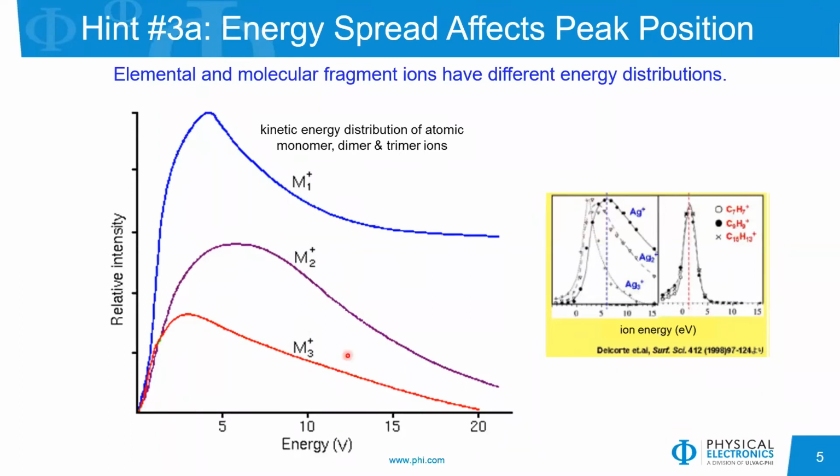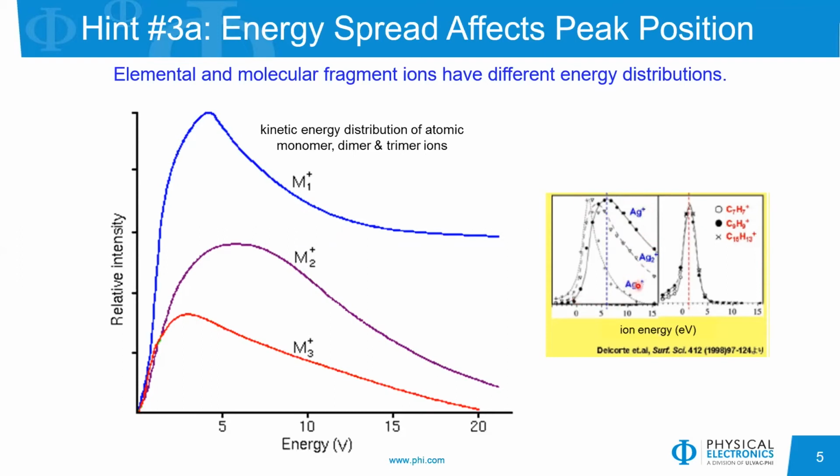And that's shown in a schematic illustration here on the left. And on the right, I've used an image from one of Arnold Delcourt's publications back from 1998 in Surface Science, where he and his group have mapped out the energy distributions for silver, silver dimer, and silver trimer.